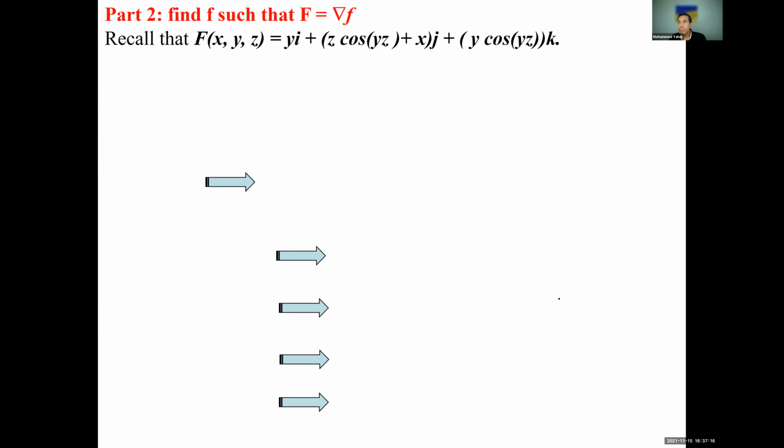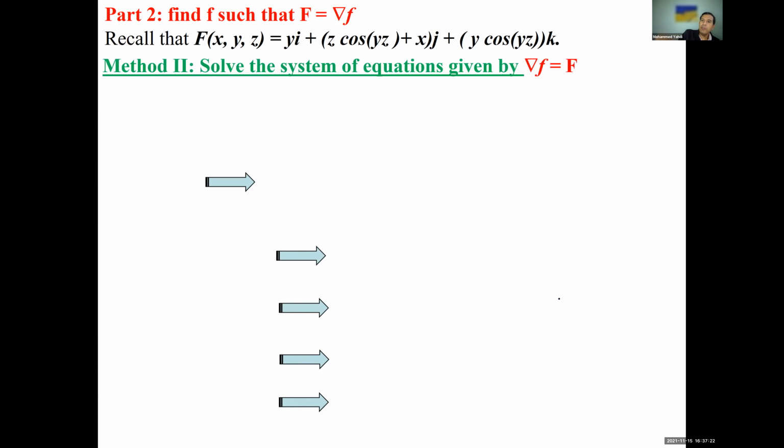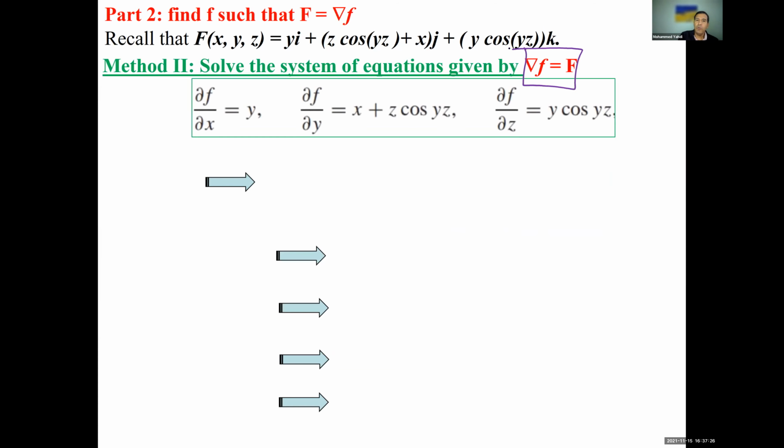Okay, this is the method we're going to focus on. Find f such that the gradient of f equals F. So we're going to write what the gradient is. We don't know what f is. The gradient of f equals F leads us to these three equations.